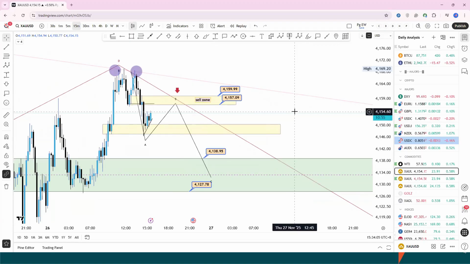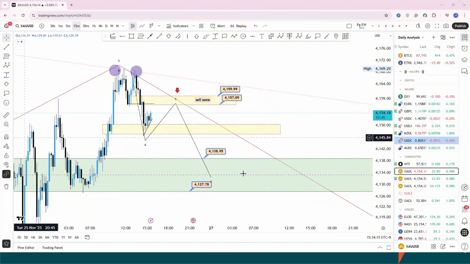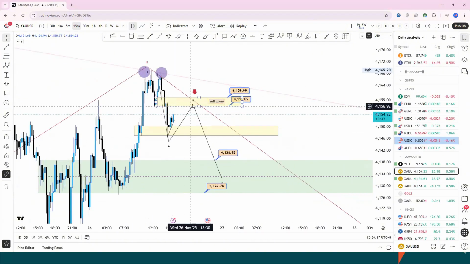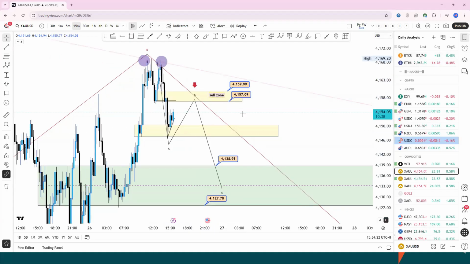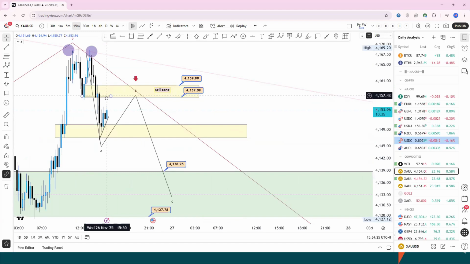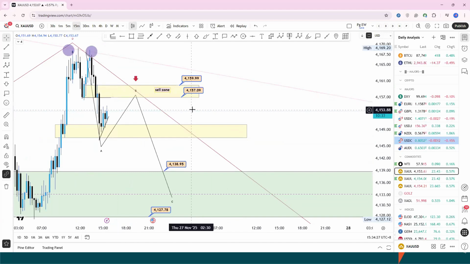All right. So this is our zones. Somewhere around this. Okay.